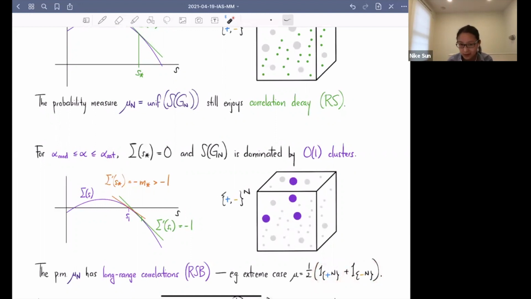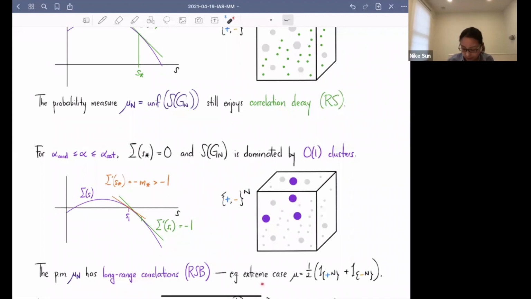In this case, certainly you don't have correlation decay, because if I tell you that one variable is equal to plus, then of course every other variable in the graph will be equal to plus. So it tells you things about other variables that are arbitrarily far away.